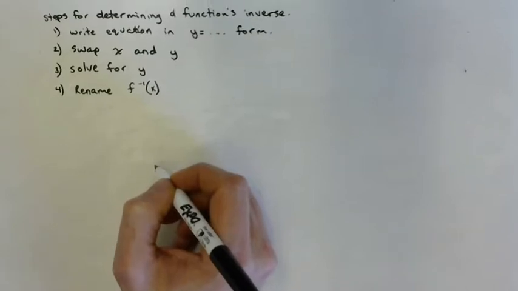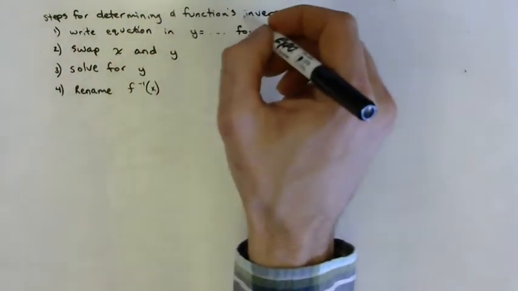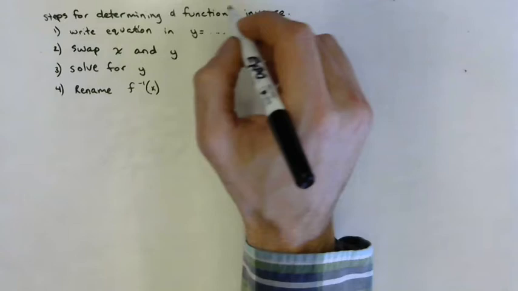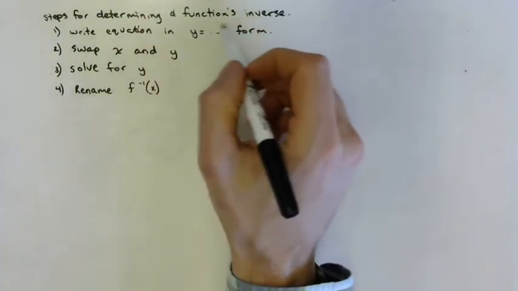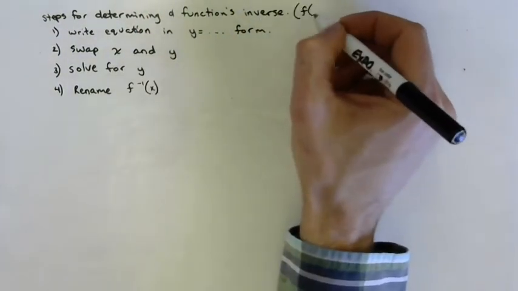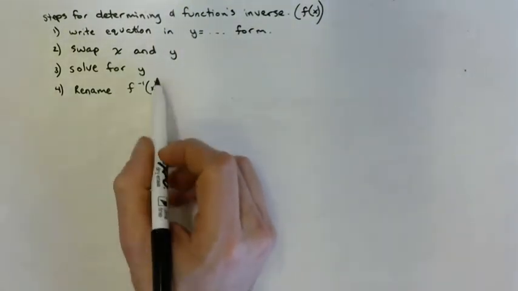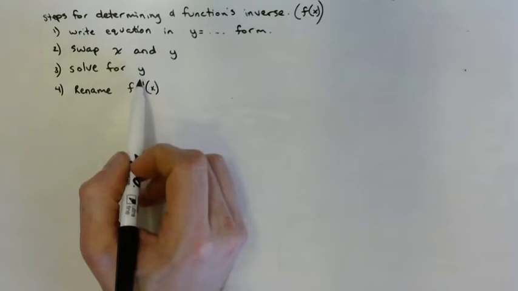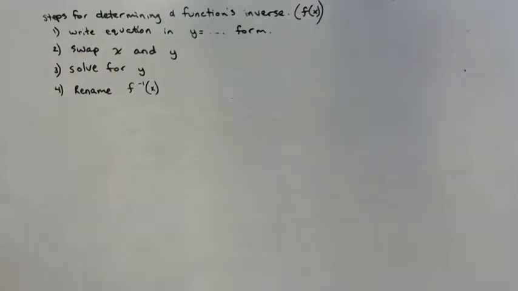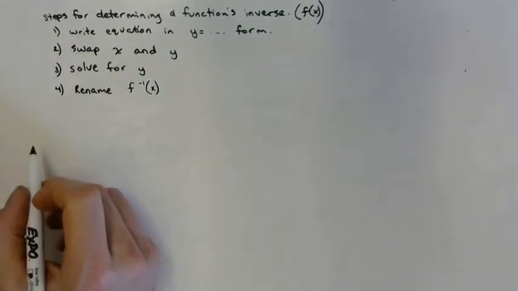It should say the inverse of f of x. Let's say you're starting with f of x, and to get the inverse function, you're just going to swap x and y and then solve for y. I'm going to leave those steps up there as we go into example 2.